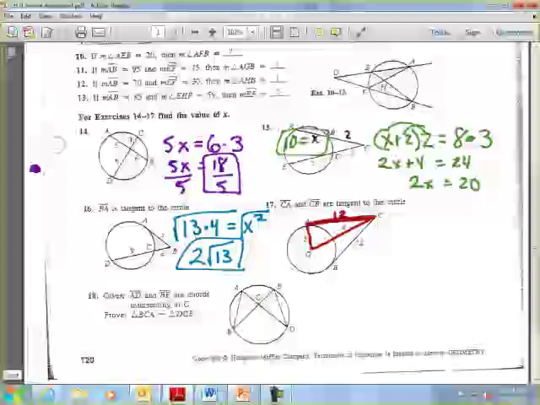Because I have a radius and a tangent, and a radius and a tangent are perpendicular. That is what one of our first theorems said, is that a radius and a tangent will be perpendicular to each other. So now I have a right triangle in which I know 2 values and want to know another value. How do I solve that? Pythagorean theorem. 5 squared plus 12 squared equals x squared.